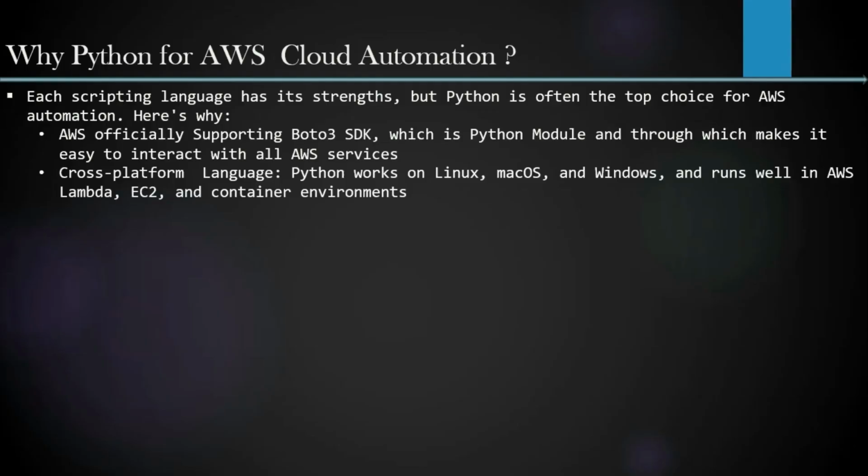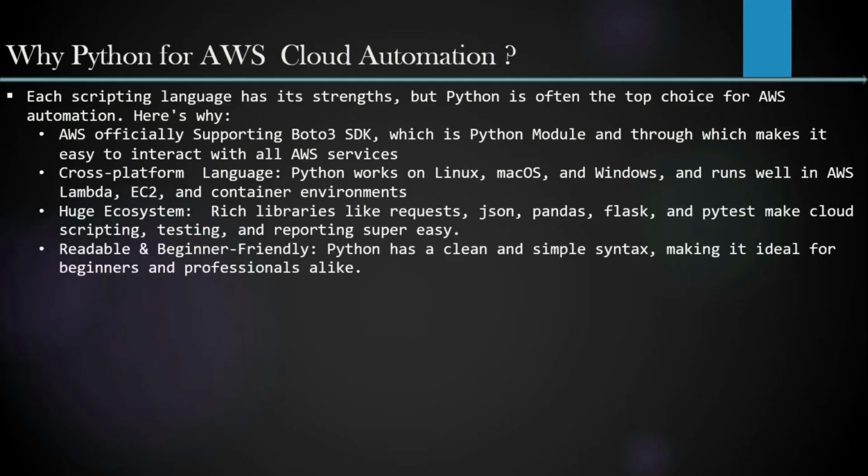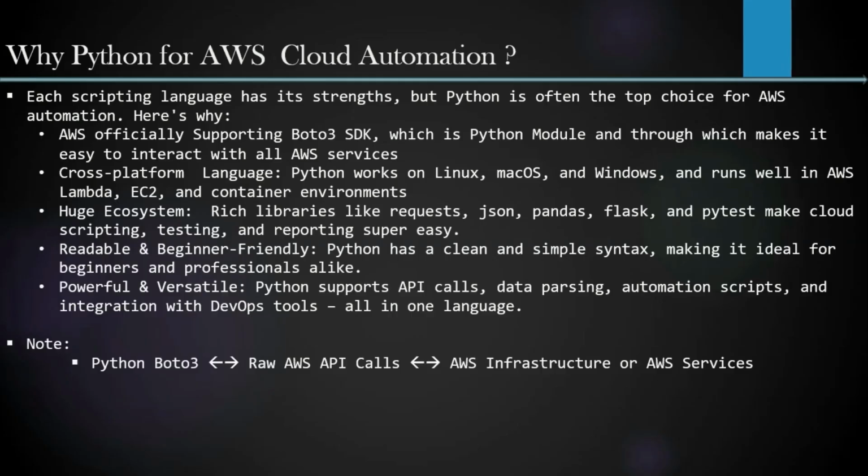And as a Python developer, you know Python is a cross-platform language with a huge ecosystem. Python is readable and beginner-friendly. It is powerful and versatile. That's why we prefer Python for AWS cloud automation. So finally, just remember this: Python Boto3 uses raw AWS API calls internally to interact with AWS infrastructure or AWS services for automation.